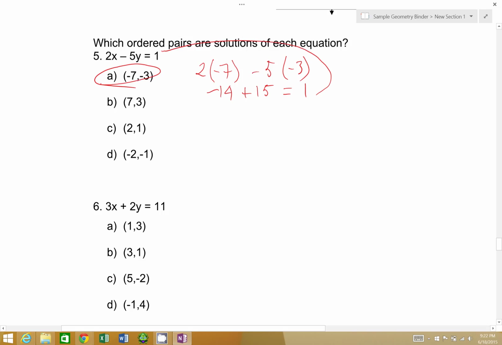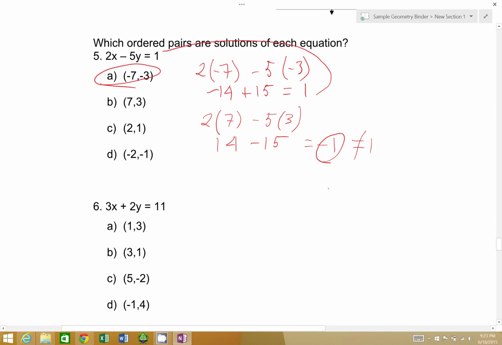Let's take a look at one that wouldn't have worked, 7 and 3. 2 times 7 minus 5 times 3. I would have 14 minus 15. That would get me negative 1. So because negative 1 here does not equal 1, that simply does not work.